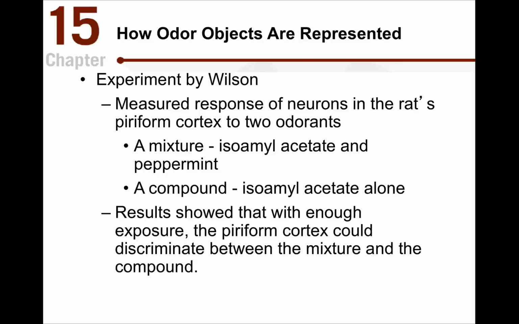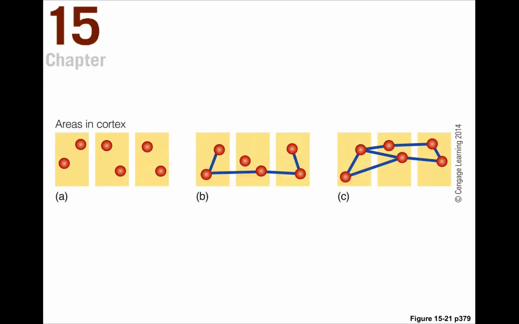Now this is really cool because this is from experience. What we're seeing is this training of trying to tell the difference between these two. And when the animal is able to perceive the difference, we are able to see that they light up different patterns of activation in the piriform cortex.